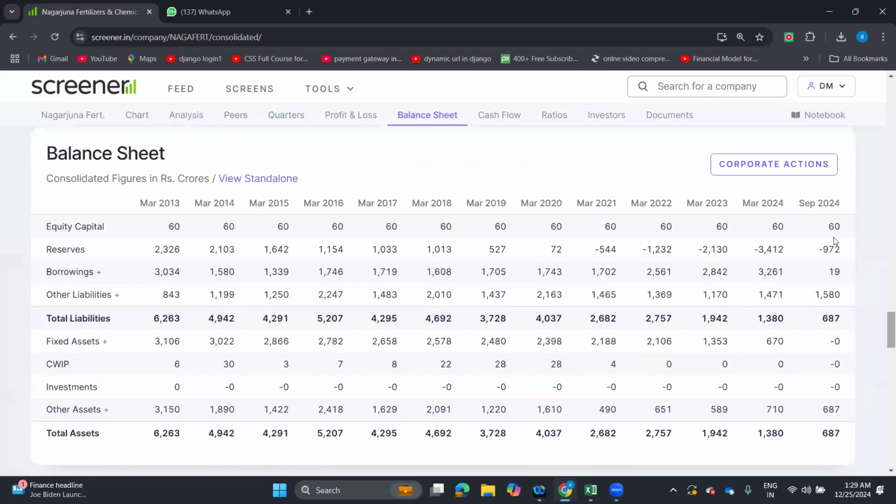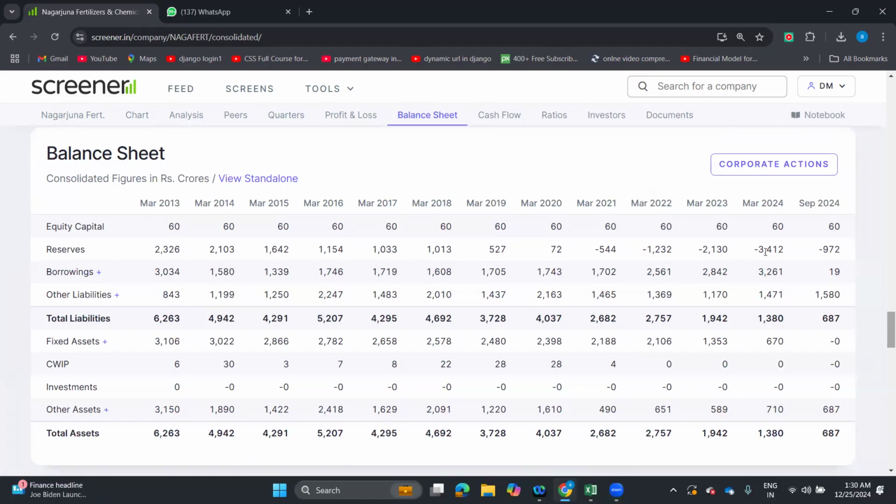See, this is very significant. 2842, even last year, means FY24, they had increased their debt and now it is only 19 crore. Okay, this company has negative reserves. This is also something we have to watch out for. Overall, it does not look in a very good shape, but you have to read it.